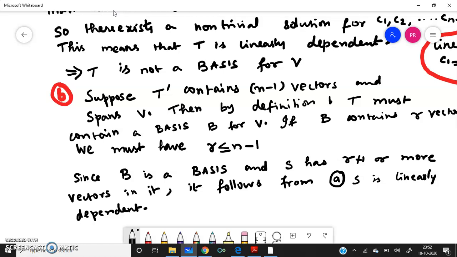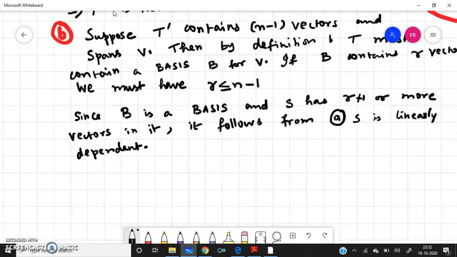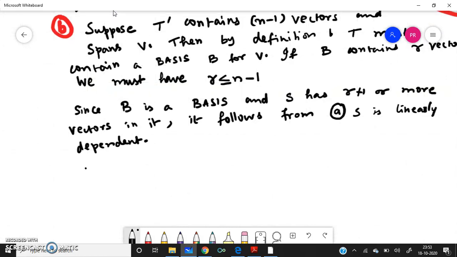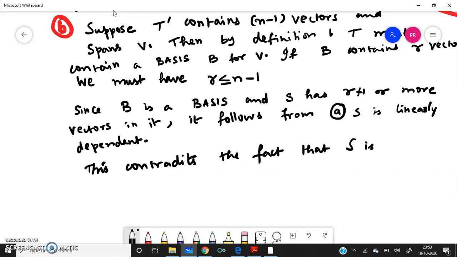We are getting a contradiction that S is linearly dependent. So this contradicts the fact that S is a basis, right? That's it. Theorem over.